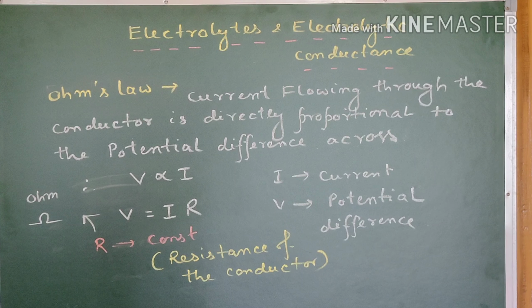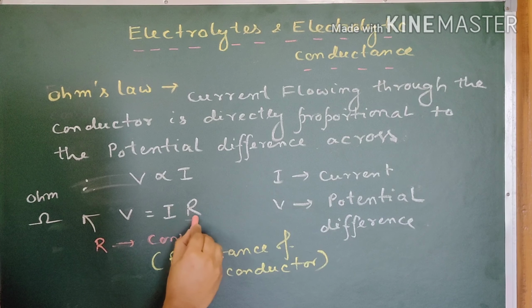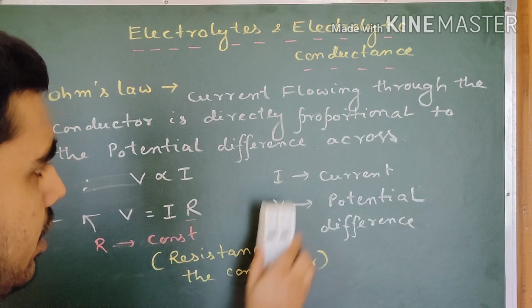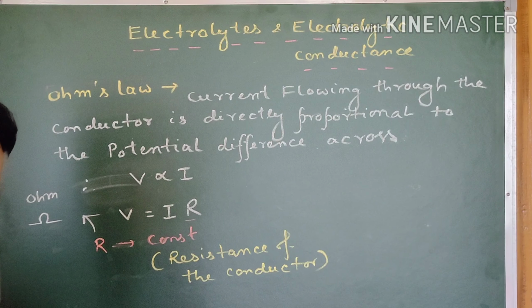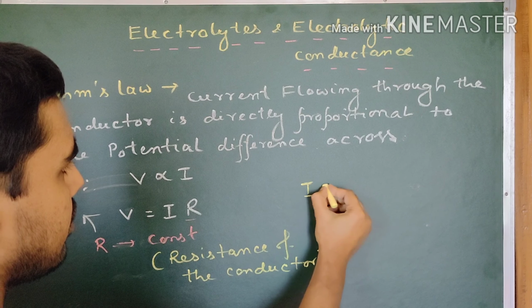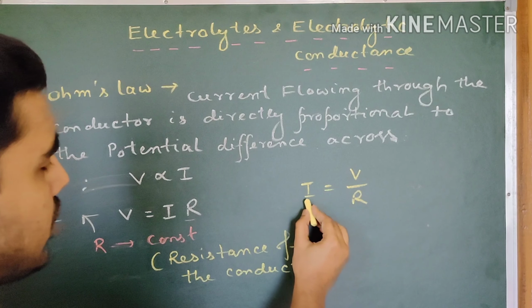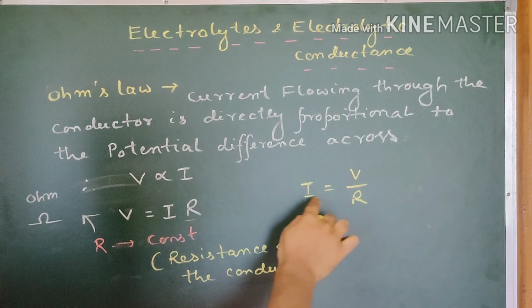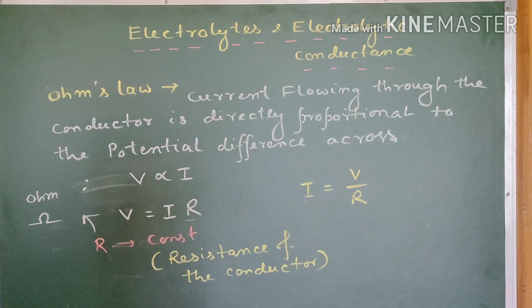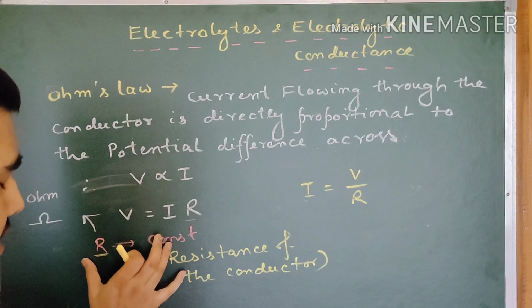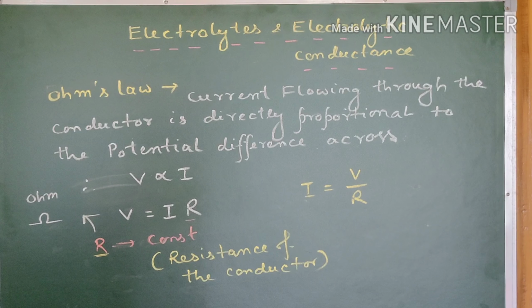So now let us see a few basic related terms which are commonly used in this particular case. As I have mentioned, V is equal to IR, and if we further write, I is equal to V by R. So it is quite obvious the greater the R, the lesser will be I. And R is regarded as an obstruction of the current flowing through the circuit.